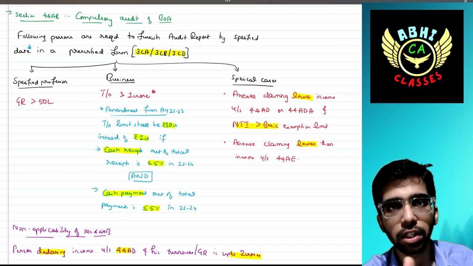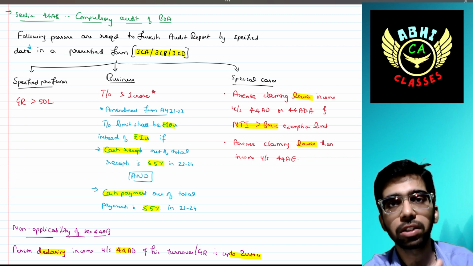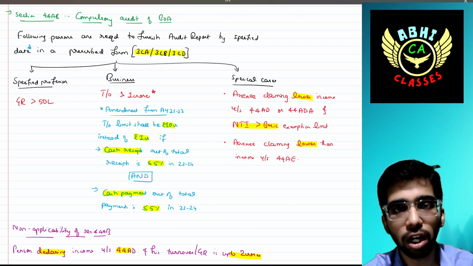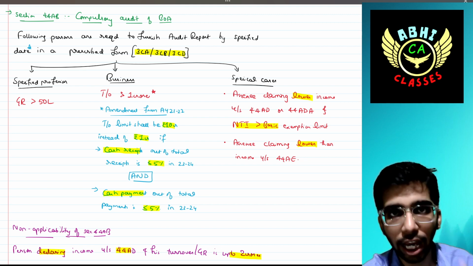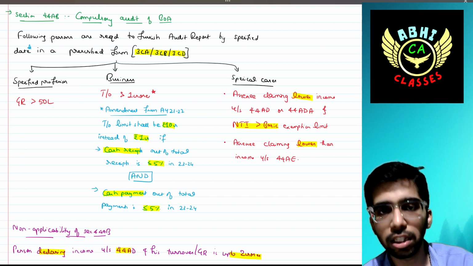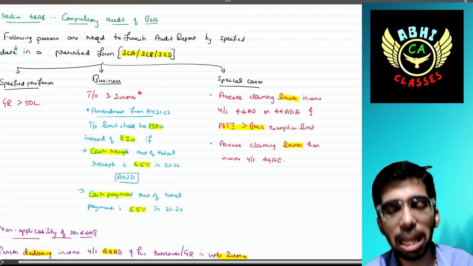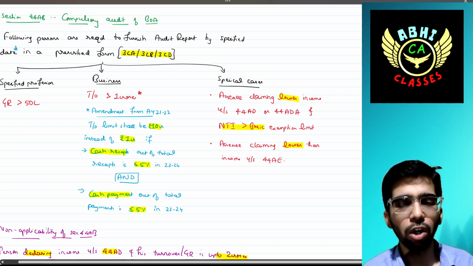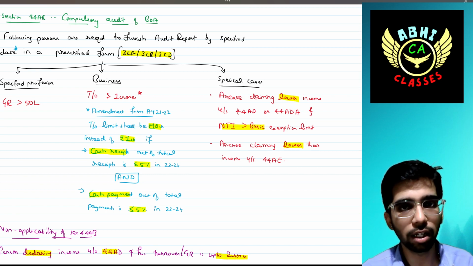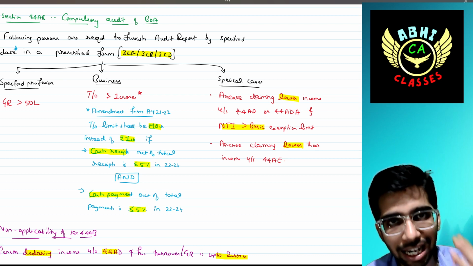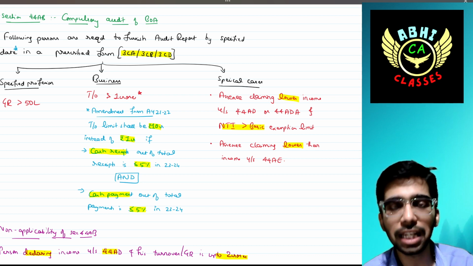If any organization is having 95% non-cash transactions, then for them the limit will be enhanced to 10 crore. If in an organization the entire receipt is made through cash, then the limit would be 1 crore. In other words, in case of special cases, the assessee claiming lower income as specified under section 44AD, which we will discuss in detail in the upcoming last chapter, or 44ADA, and his net total income is more than the basic exemption limit.